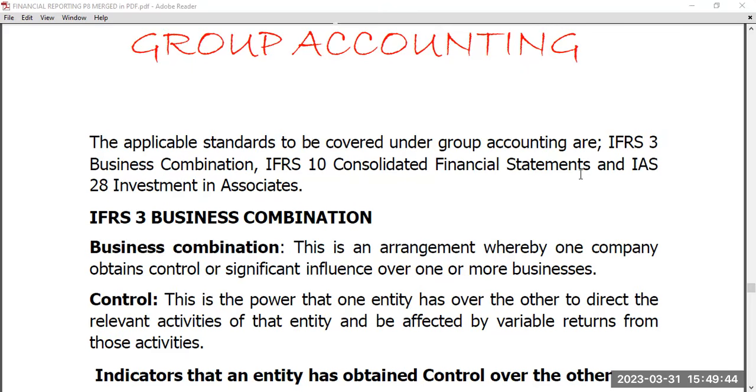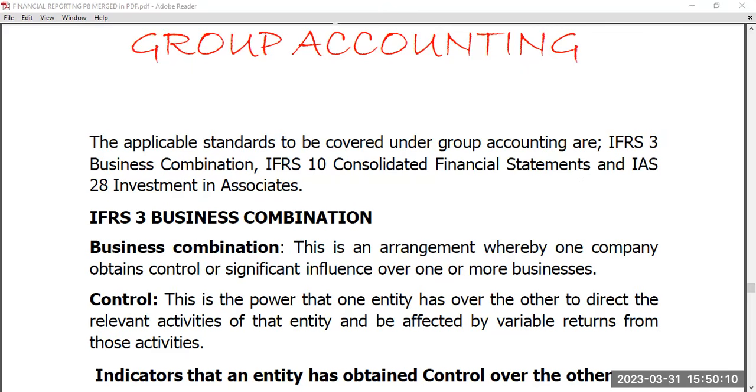We look at IFRS 10, consolidated financial statements. We look at the steps that are taken in group accounting, or what we consider when we are preparing all these statements, as we are going to be seeing them.